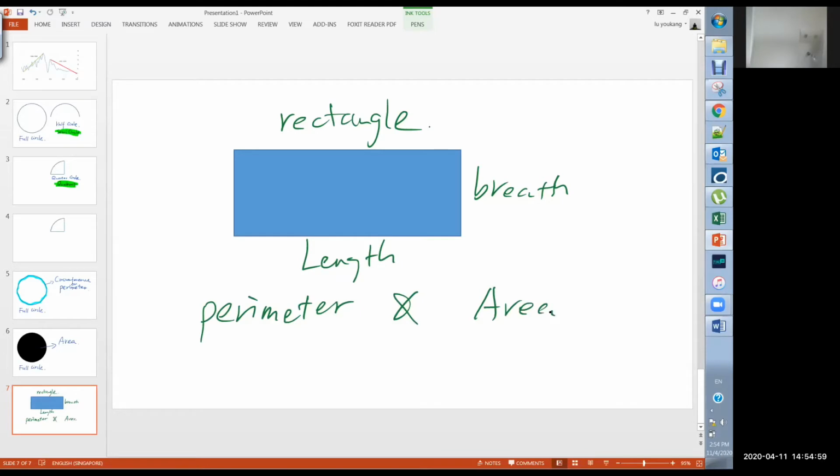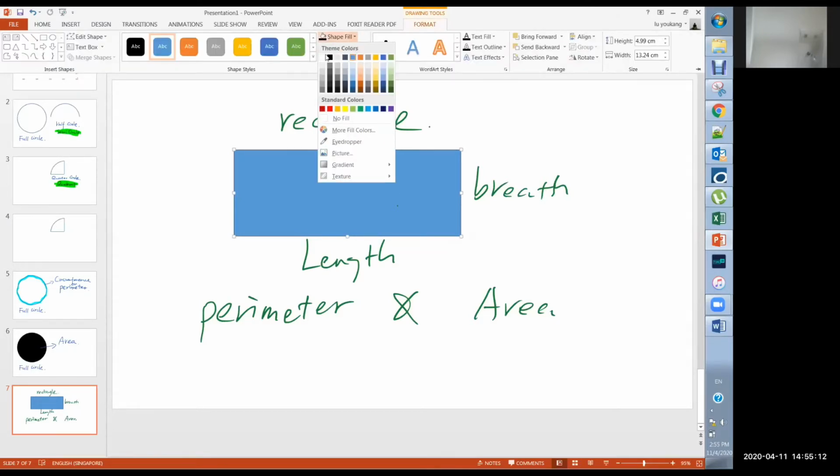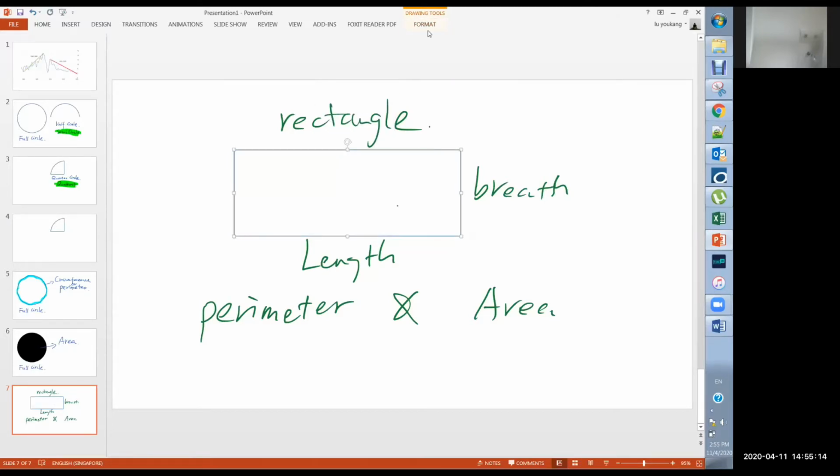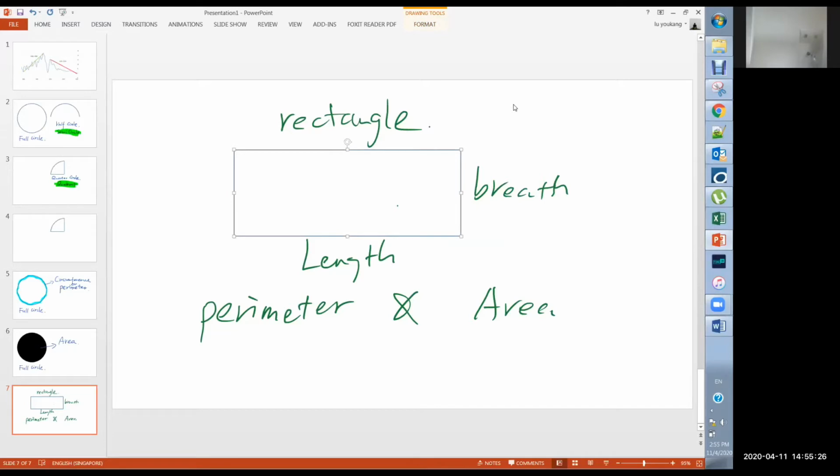For the perimeter, which one is the perimeter? Can you tell me which one is the perimeter? Use your hand. Show me.